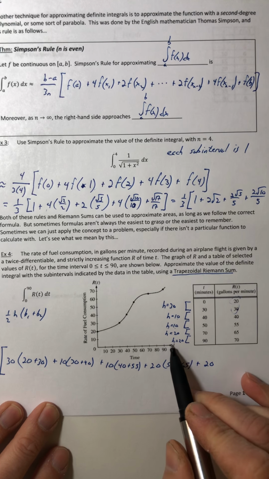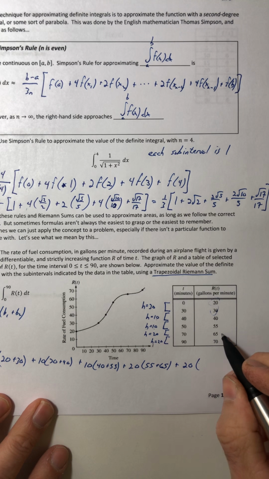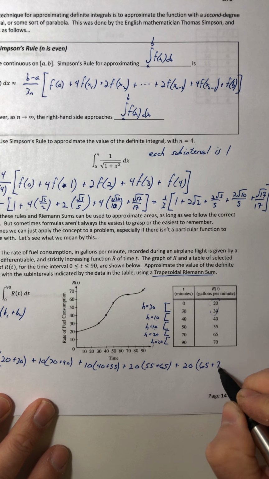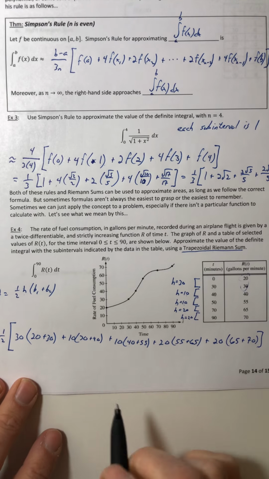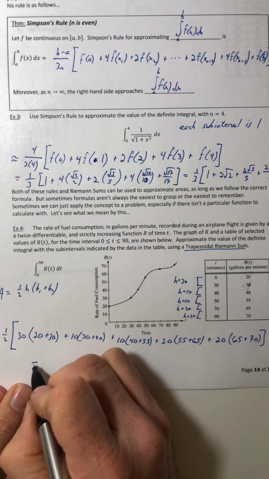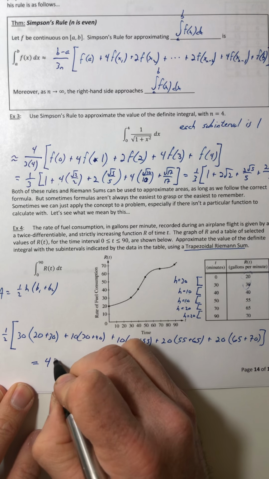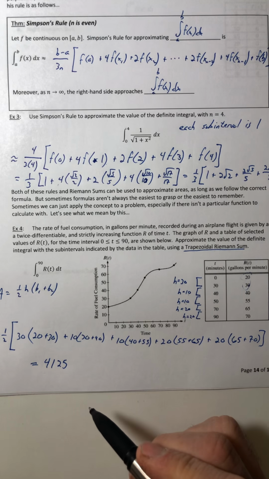And then the last one is the 20 again, and the bases going with it are 65 and 70. So you've got this massive arithmetic thing that we have to work out. We'll just do it really fast, and it comes out as 4,125.